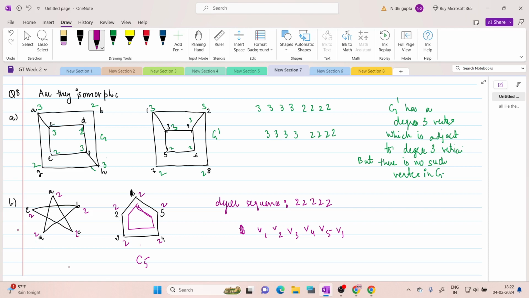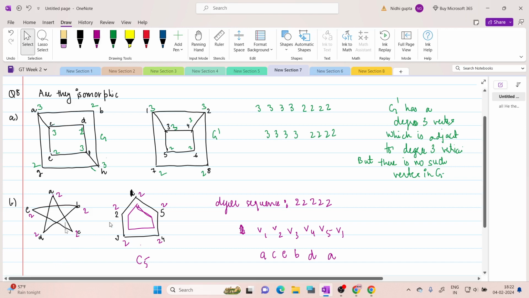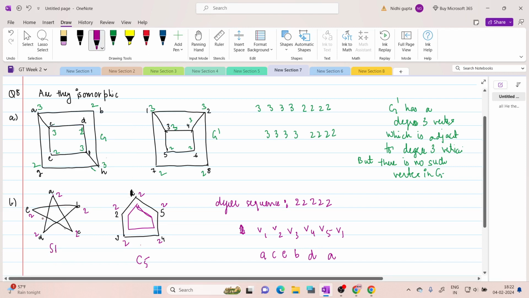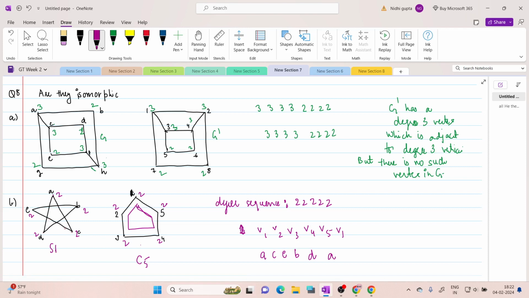A C E B D A. So this is also C5, right? There are only 5 edges in this graph: AC, CE, EB, BD, DA.